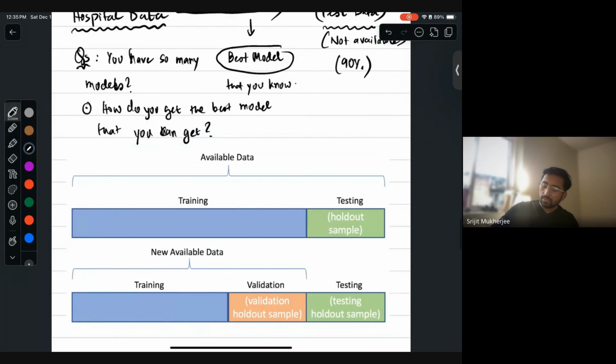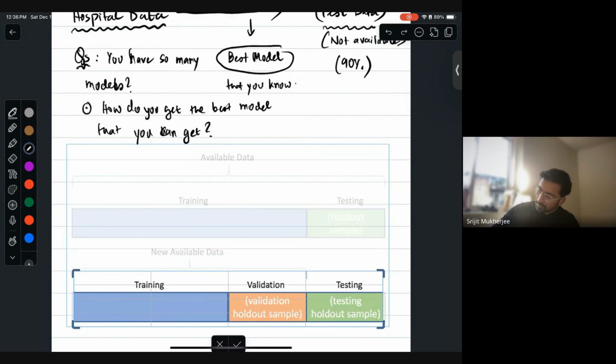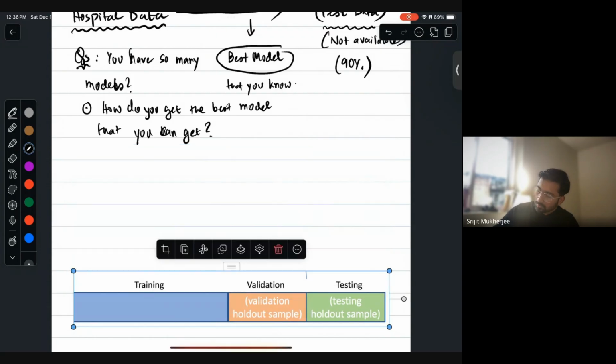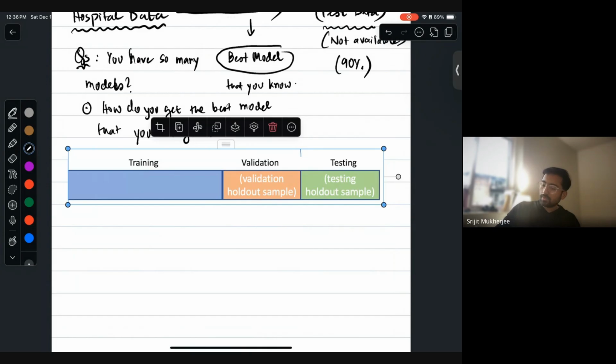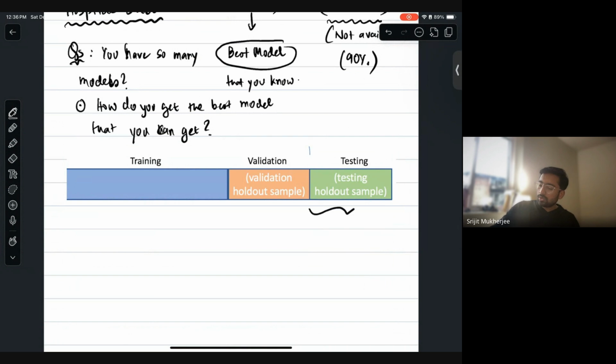This test data is with them, not available to the AI company.